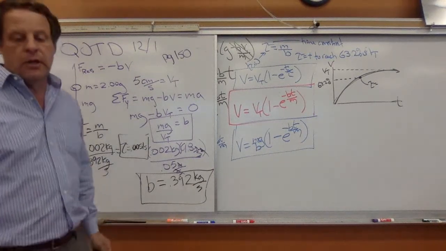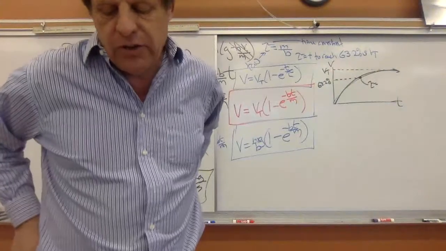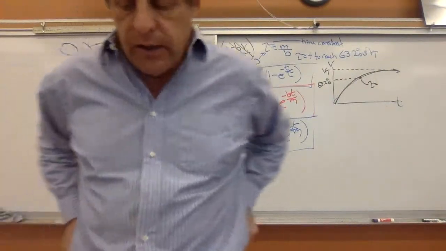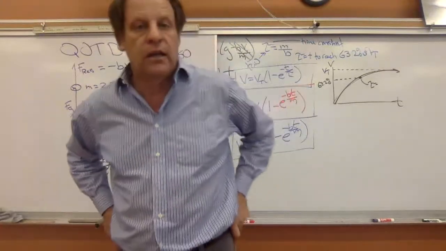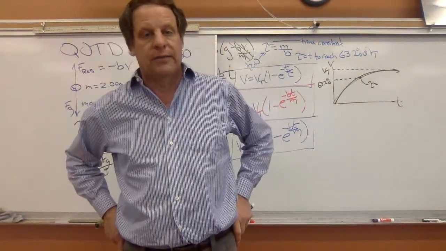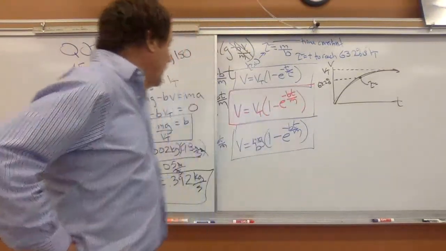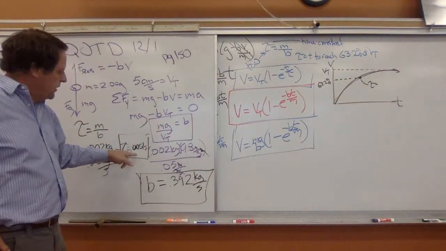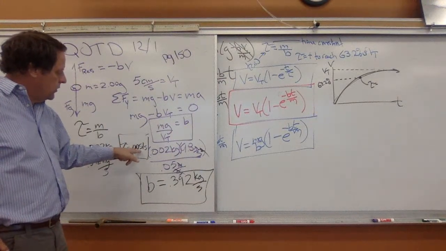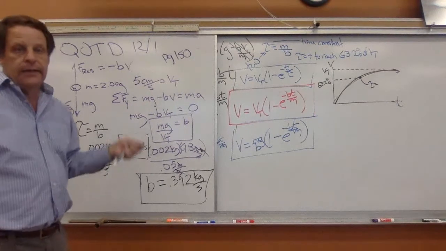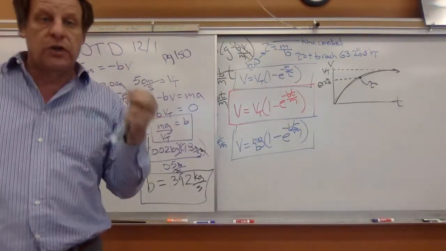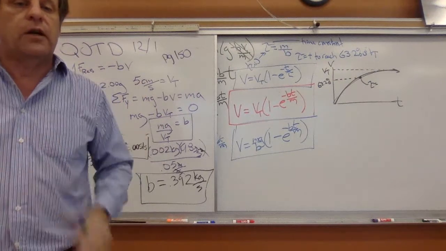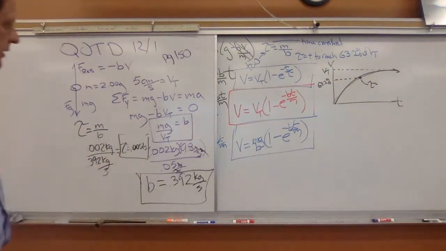So the last part in this question is it's asking you how long does it take to reach 90% of its terminal velocity. So whatever we figure out here, it should be greater than 0.0051. Okay, and in the question of the day for 12.1, I'm asking you how long does it take to reach 50% of its terminal velocity.